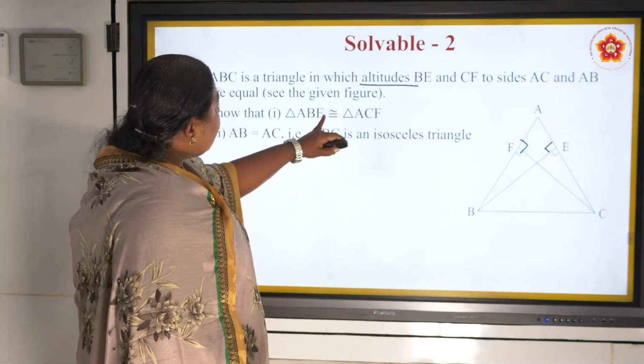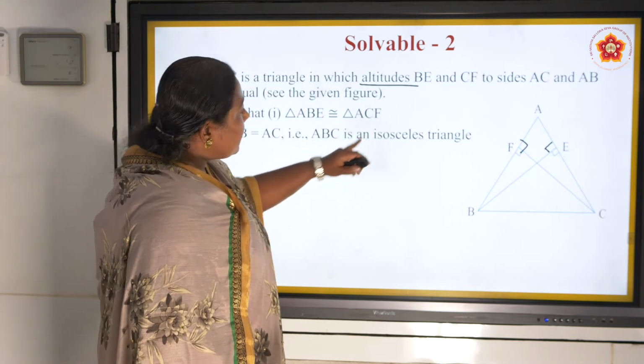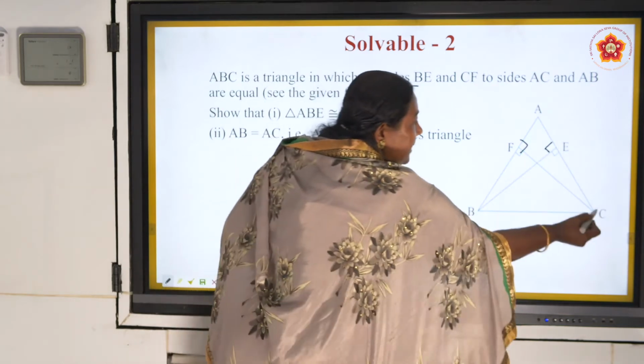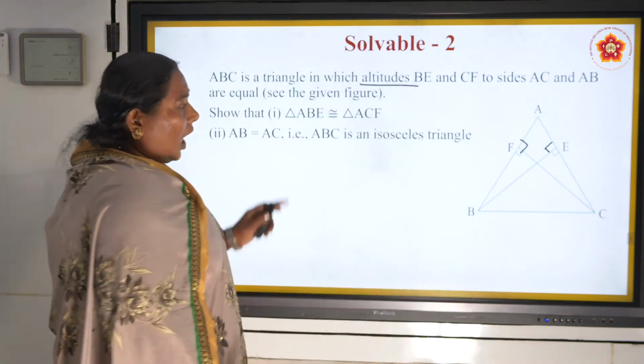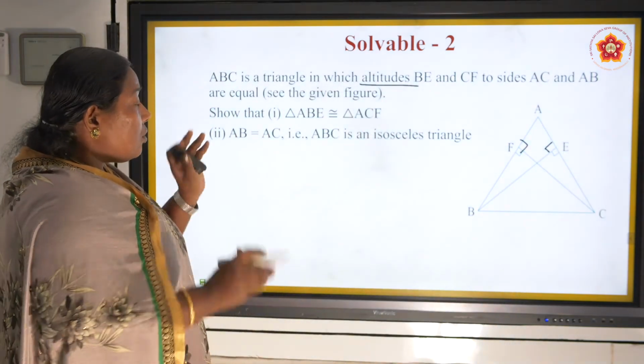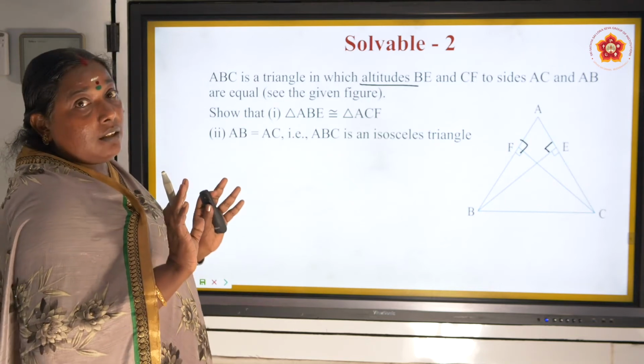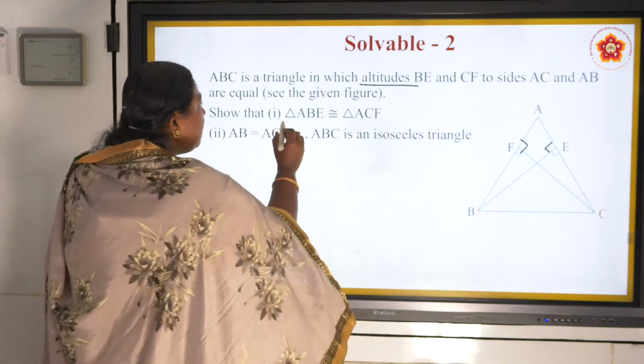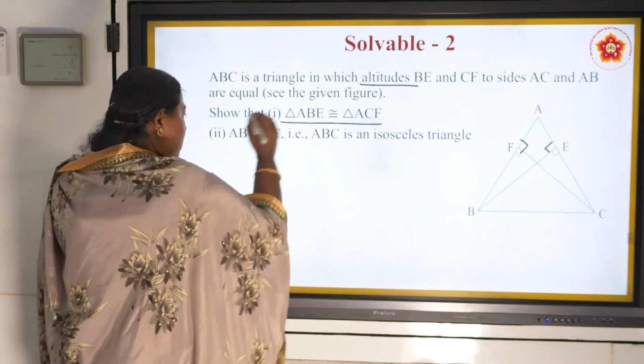Triangle ABE is congruent to triangle ACF. How many triangles do I have? What things do I have to take? How to show this? No problem. Start from here only.